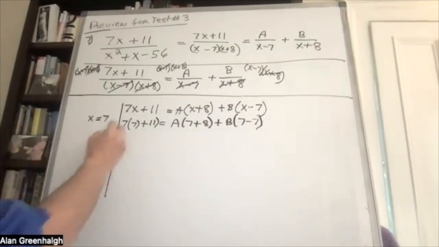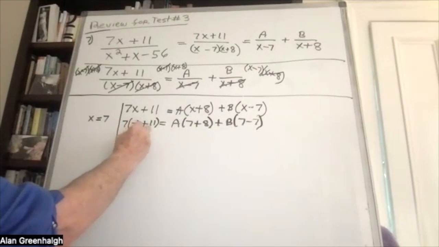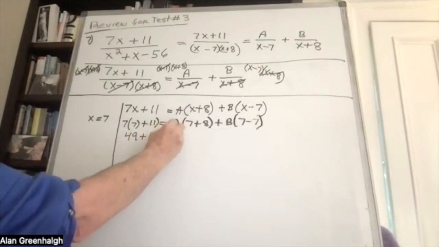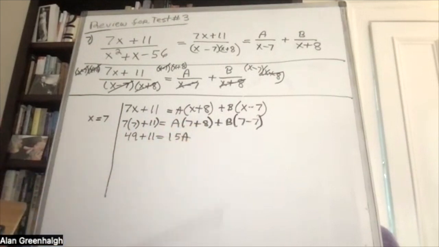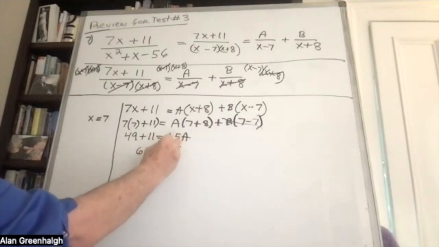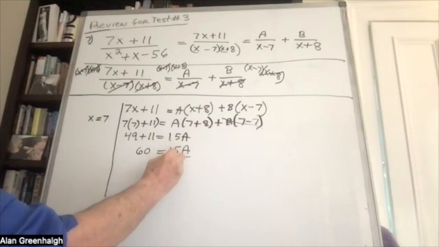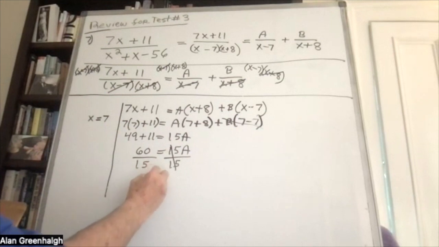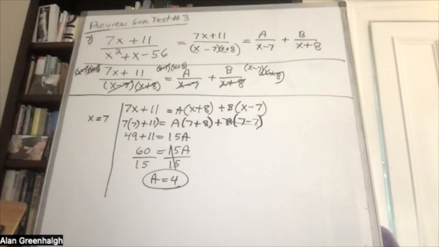This becomes 49 plus 11 equals 15a, and this just drops out because 7 minus 7 is 0. 0 times b is 0, so this just cancels out. 49 and 11 is 60. Divided by 15. Turn it around, and a is equal to 4. Good. We now know one of them. a is equal to 4.